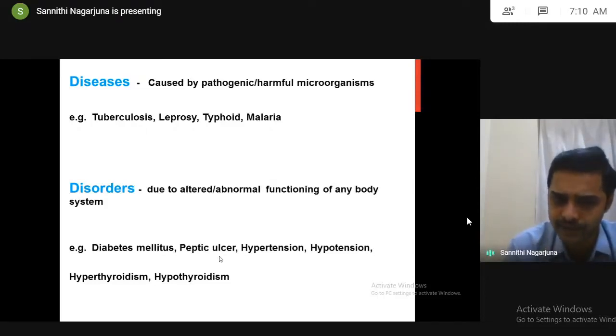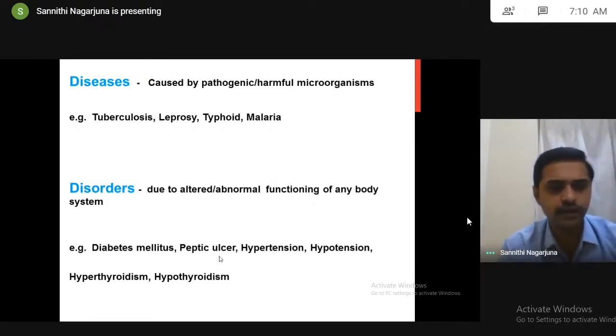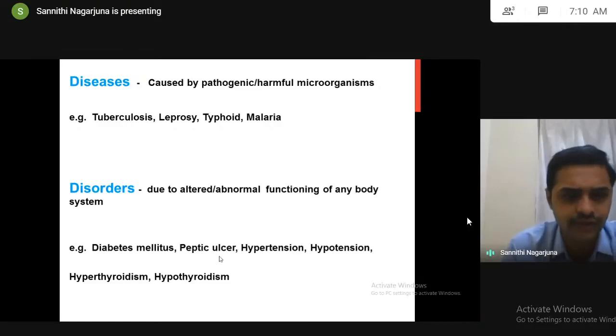Everyone has normal blood pressure, and excess or decreased blood pressure are the disorders hypertension and hypotension. In the same way, everyone has normal acid secretion, and excessive acid secretion is called peptic ulcer. That is how you understand the difference between diseases and disorders.